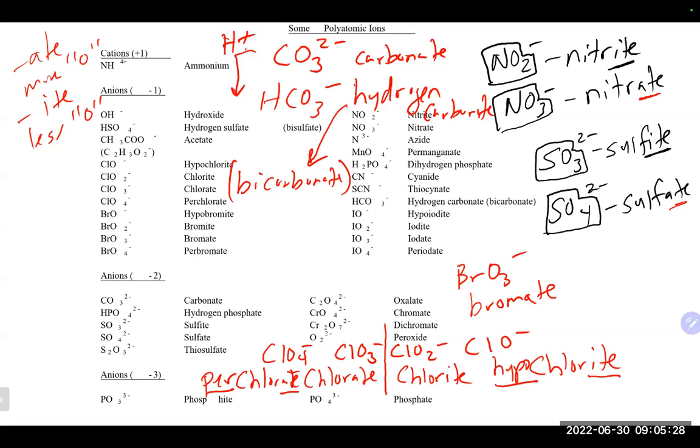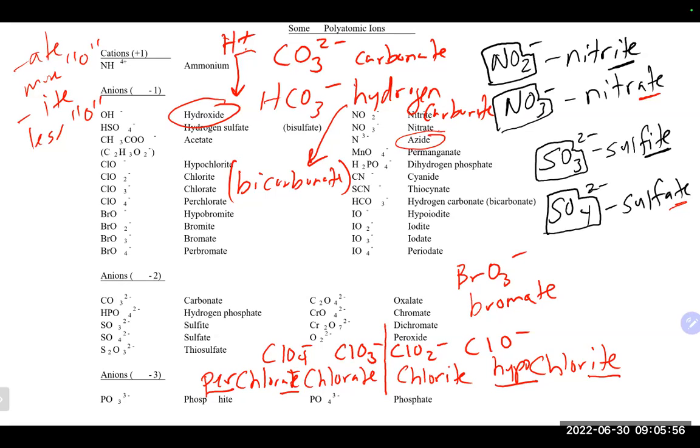You also see that with sulfate. If you put an H+ in front of sulfate, it becomes hydrogen sulfate or bisulfate. Now, the vast majority of polyatomic ions do end in ate and ite. There are some that end in ide. So OH- is hydroxide, CN- is cyanide, and azide, which is this guy, also ends in ide.